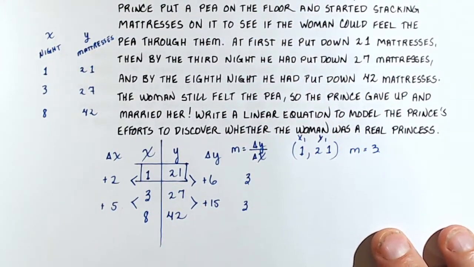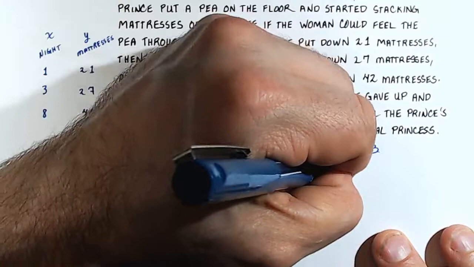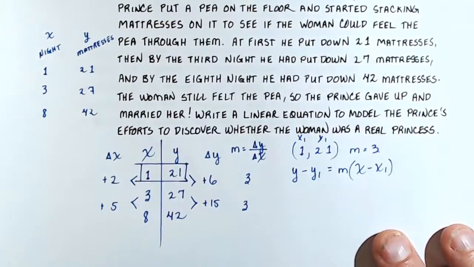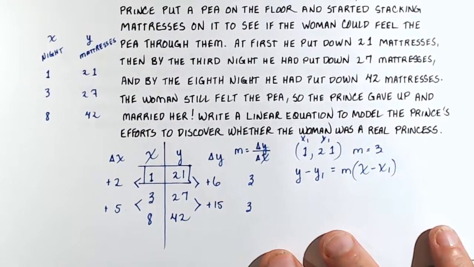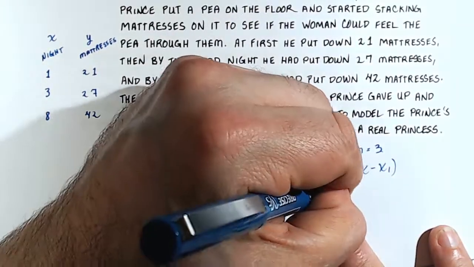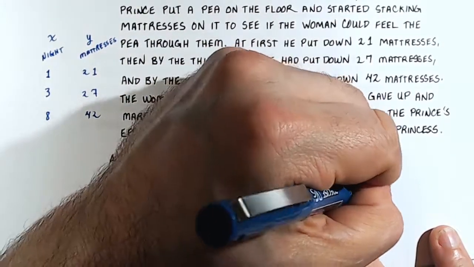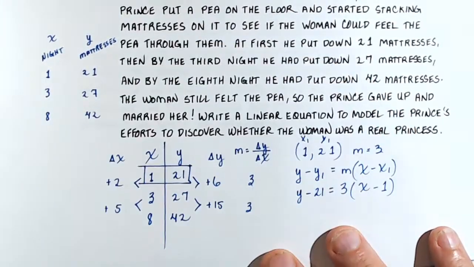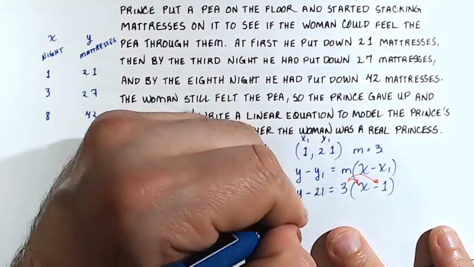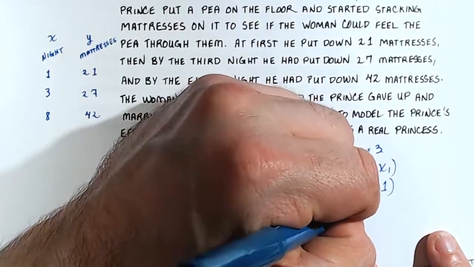Now write down your point slope formula. Y minus Y1 equals M, open parentheses, X minus X1, close parentheses. And now we'll substitute in everything we know. Y minus 21 equals M is 3, open parentheses, X minus 1, close parentheses. I need to distribute the 3. We have Y minus 21 equals 3X minus 3.